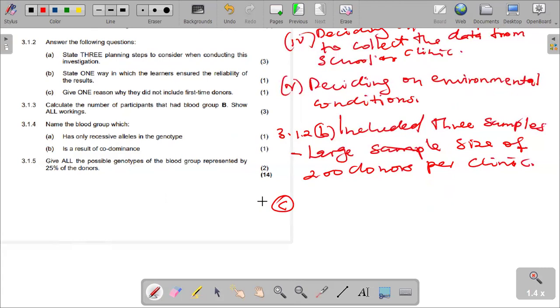First-time donors were not included because their blood groups are not yet known. That can be the reason to say we cannot use them.